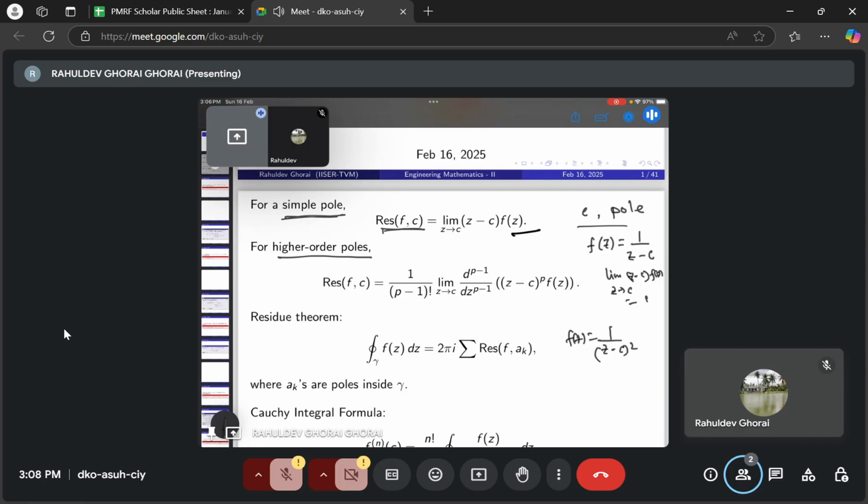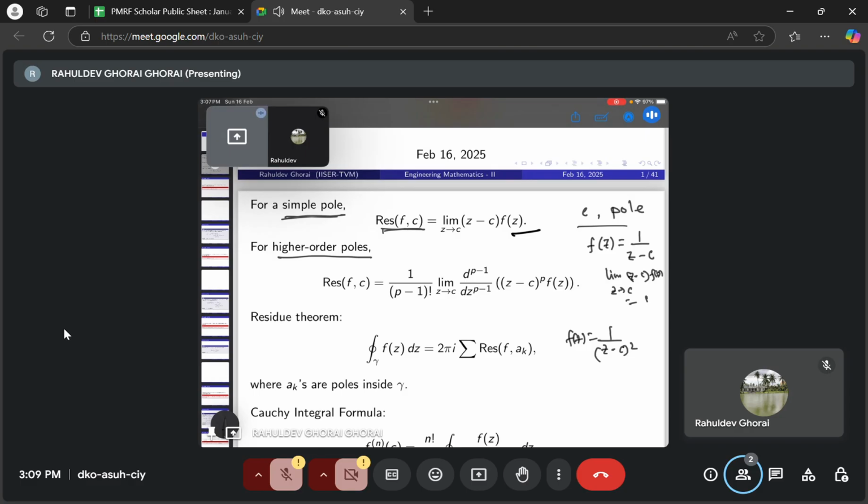So you need to know what a pole is. A point z naught is a pole of a function f if it is a 0 of 1 by f, and 1 by f is holomorphic in a neighborhood, I mean, it's complex differentiable.